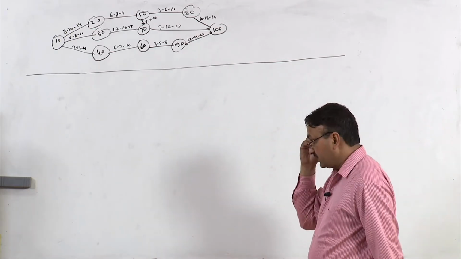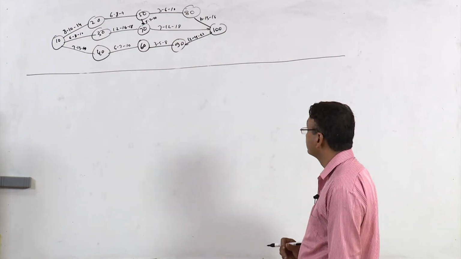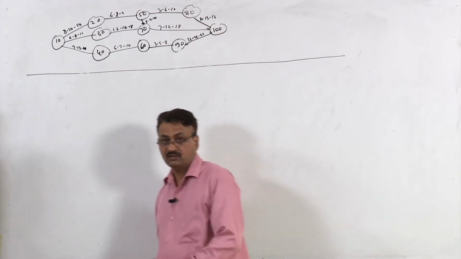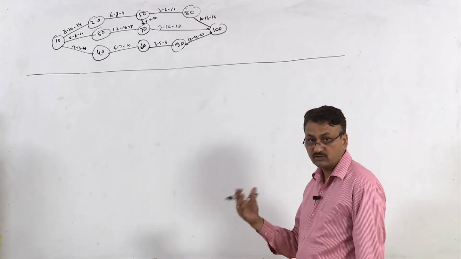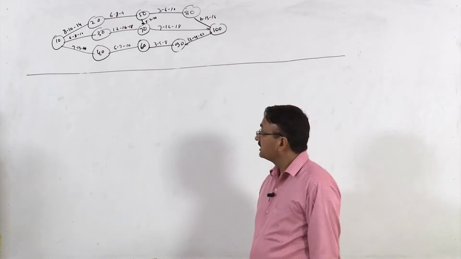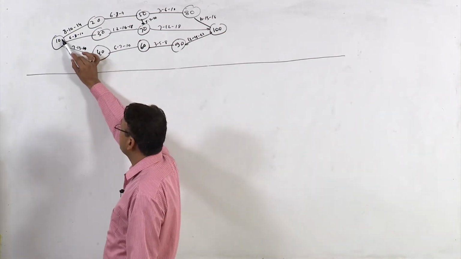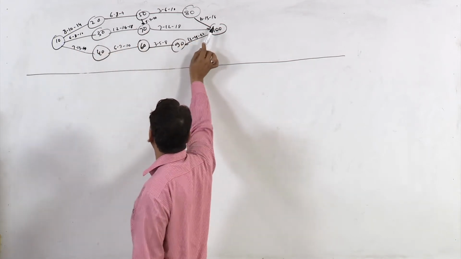So, let us try to find out the critical path for this PERT network. First of all, how many paths are possible? Forget about which path would be the critical path. In this network there are 4 paths available. This is the first path, 10, 20, 50, 80 and 100.